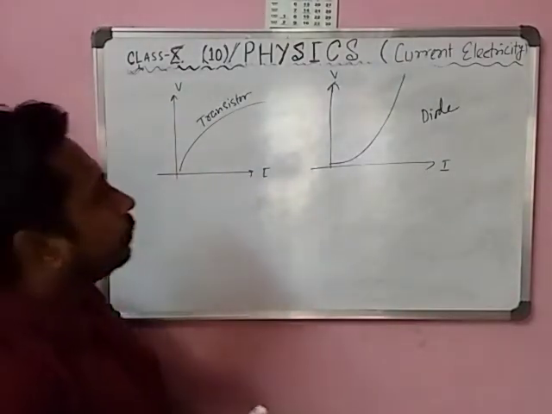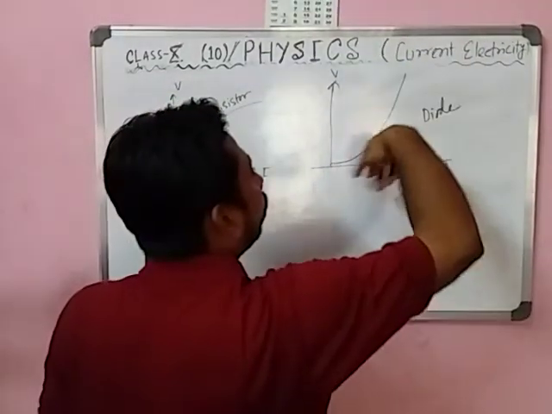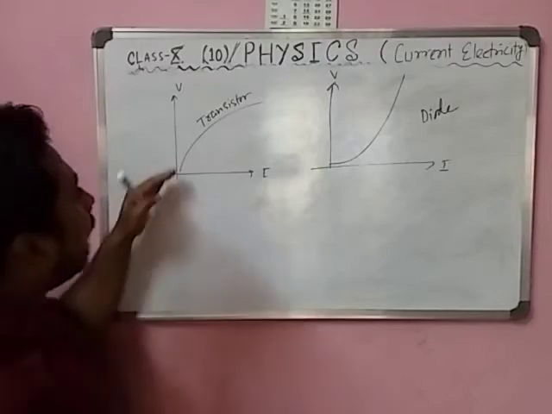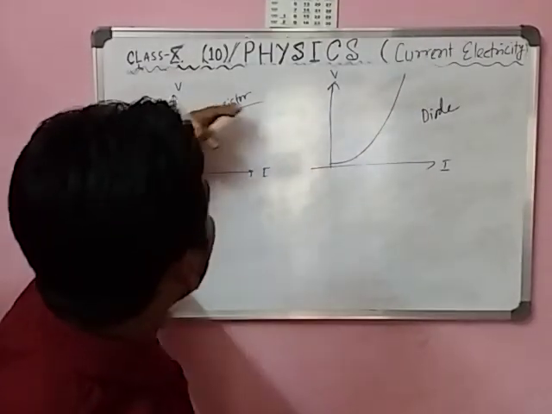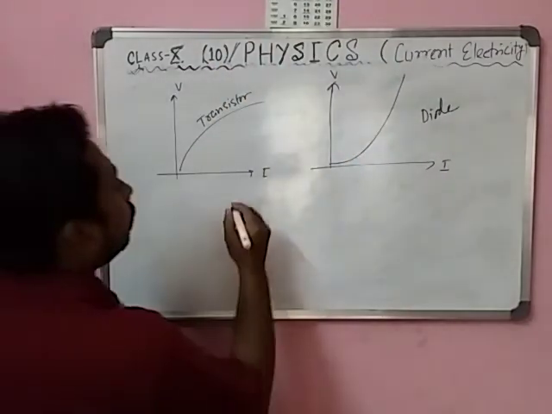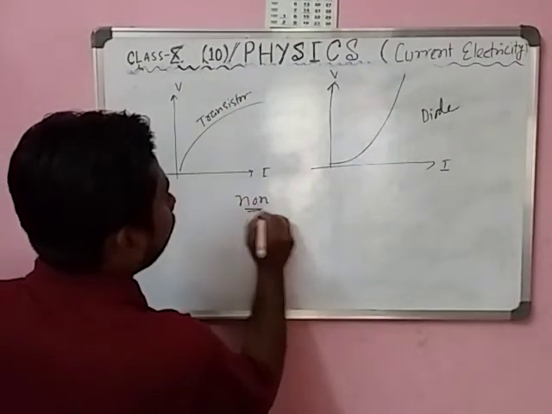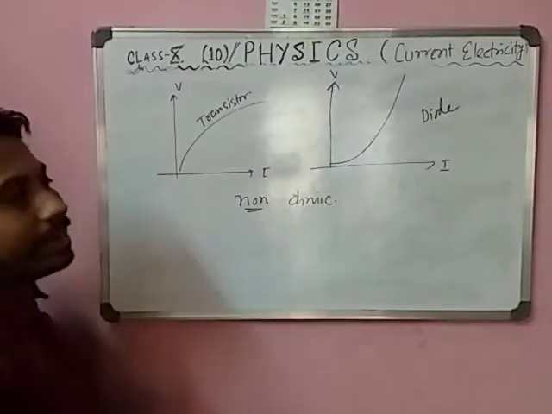Now listen, for diode and transistor the graph is non-linear, not a linear graph. So this is called a non-ohmic conductor.